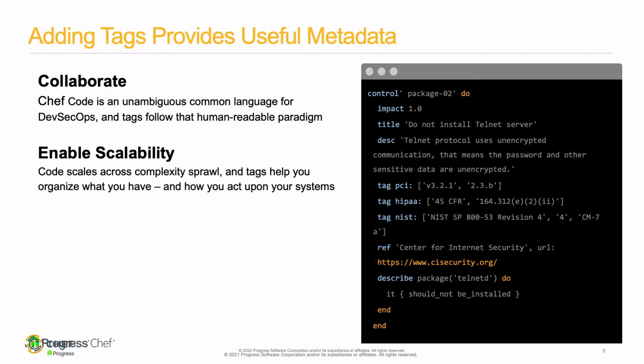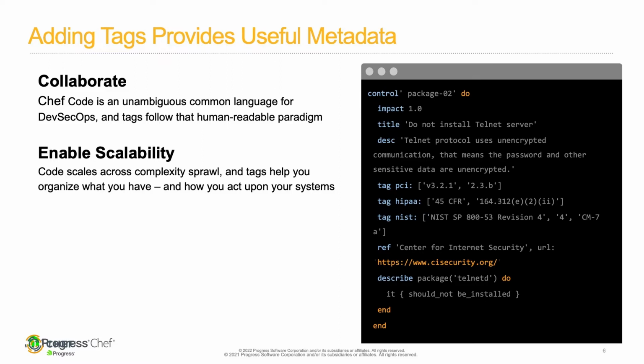This is particularly important in scalability because, regardless of how hard you try, you're always going to get a bit of sprawl. And how best can you focus your teams on finding where things are and what's happening? So Chef tags are arbitrary labels, and that doesn't mean that they're meaningless.